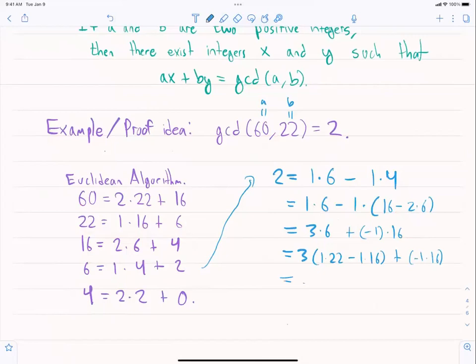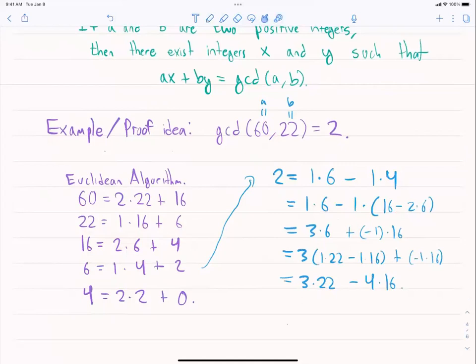So this is 3 times 22. Then I have minus 4 times 16. Yeah, good. You could check this every step. This should still be equal to 2, and this is 66 minus 64. That's good. This is still equal to 2.